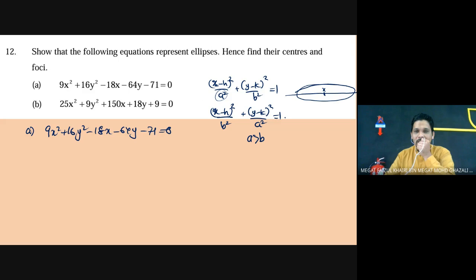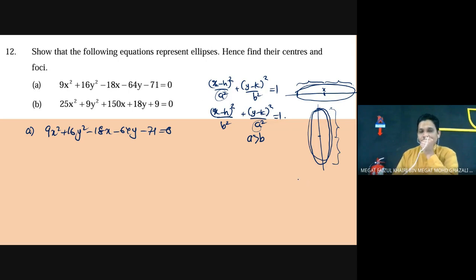Here is the distance between the vertices and the center, and also here. If a is below y, then you will get a vertical ellipse, which means the center here and the major axis between this vertex and also here. Now we have no idea whether it's a measure of x or y.